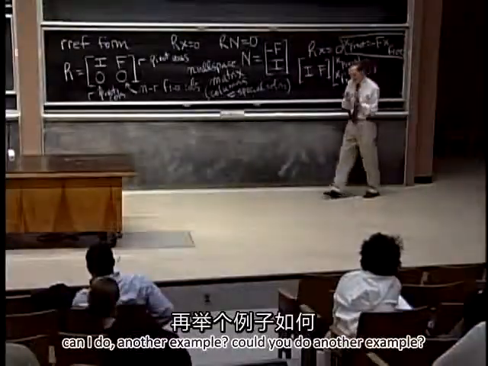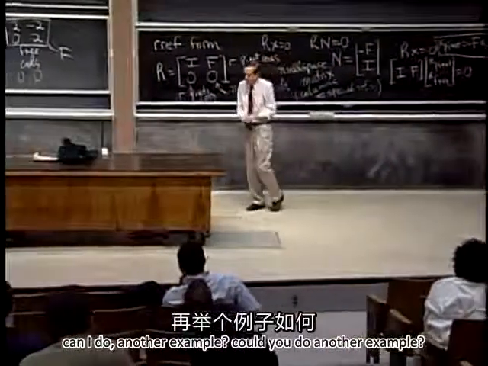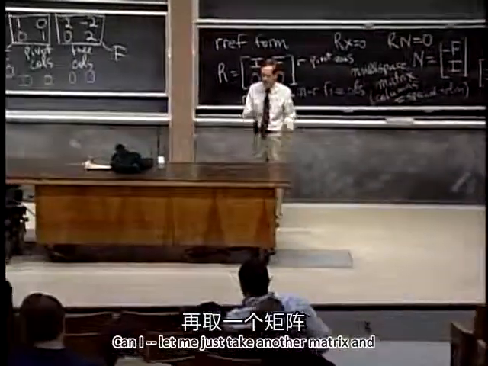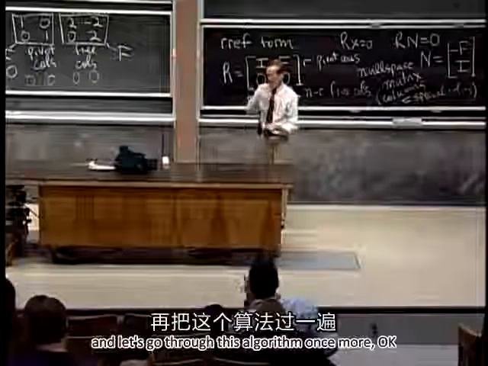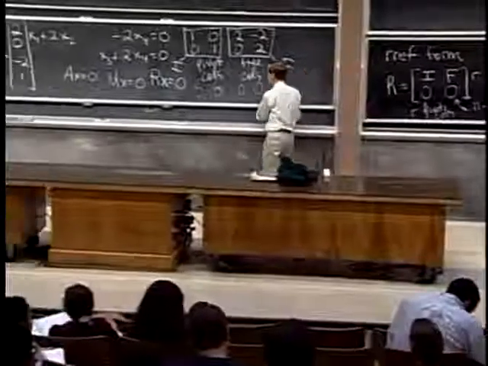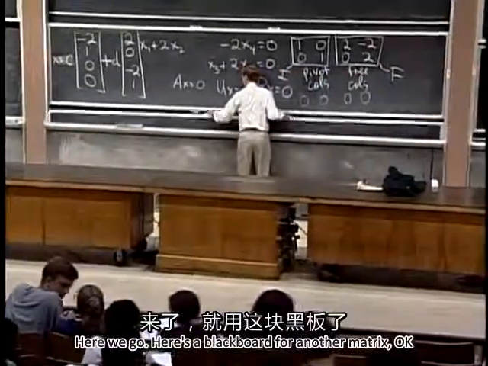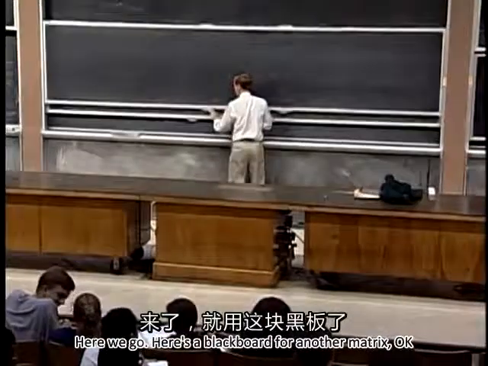Okay. Can I do another example? Could you do another example? Let me just take another matrix and let's go through this algorithm once more. Okay. Here we go. Here's a blackboard for another matrix.